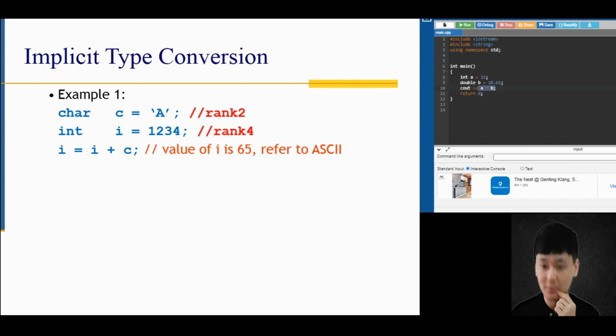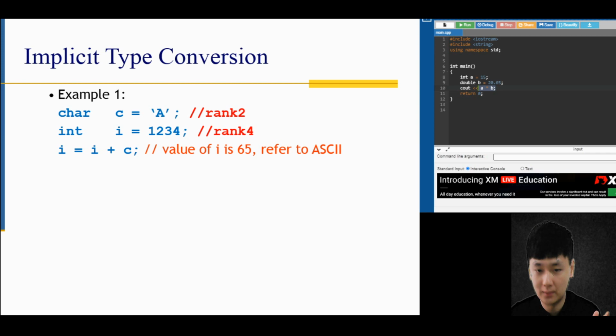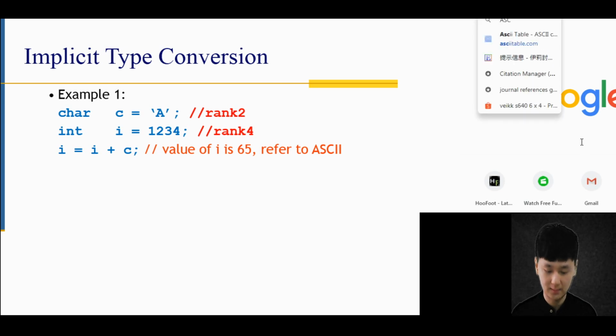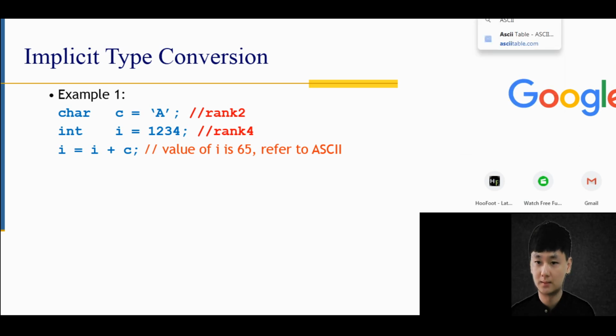Okay, so in fact every single char in C++ is represented by a value. So you can find the value from this ASCII table. You can just go to Google. Okay, you type ASCII table.